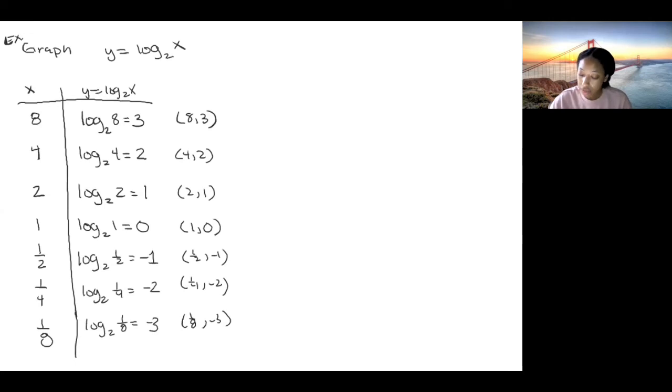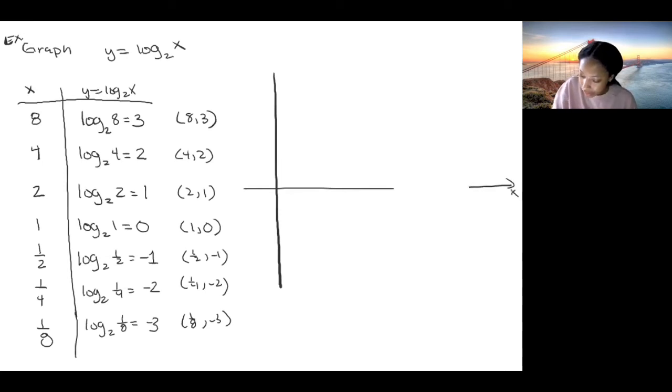So to graph this, my x values are going to be positive, bigger than 0. And then the y values here are going between 3 and -3. So our graph is going to look like this. This is our x-axis. Here's our y-axis. And let me try to plot these points.